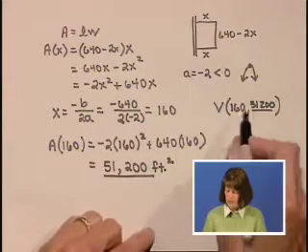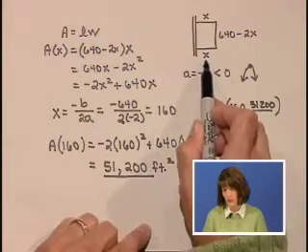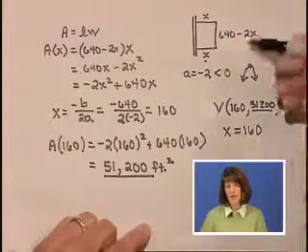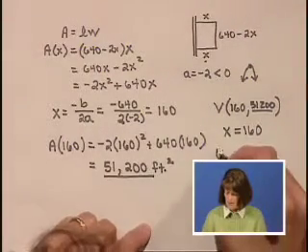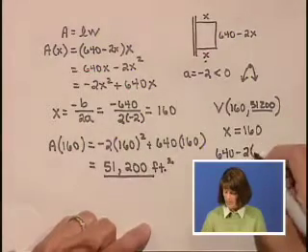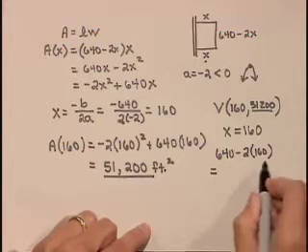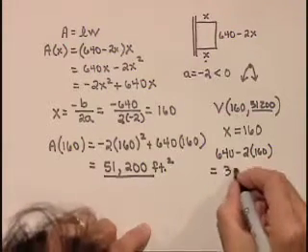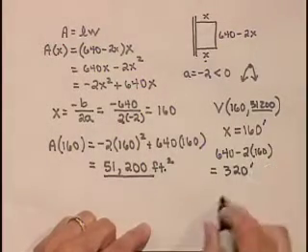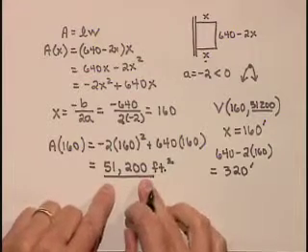That occurs when we've got dimensions of x equal 160, and that other dimension then is 640 minus 2 times 160, that's 640 minus 320, or 320. So 160 feet by 320 feet gives us a max area of 51,200 square feet.